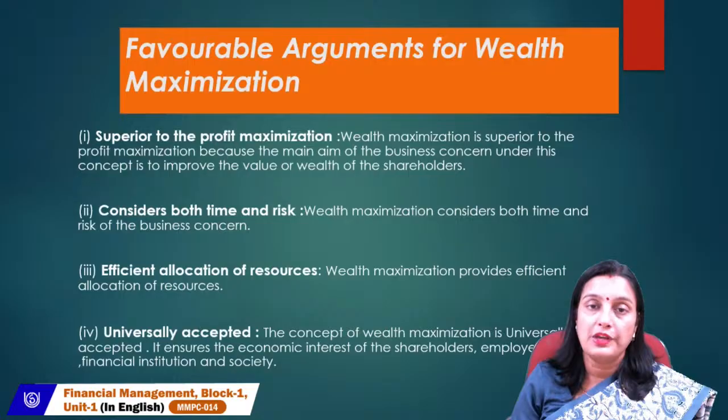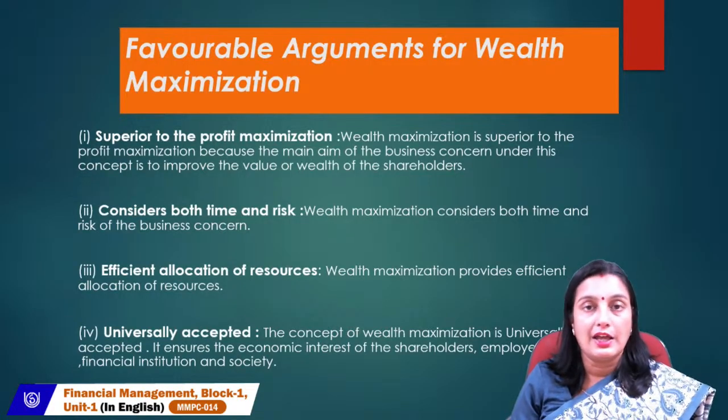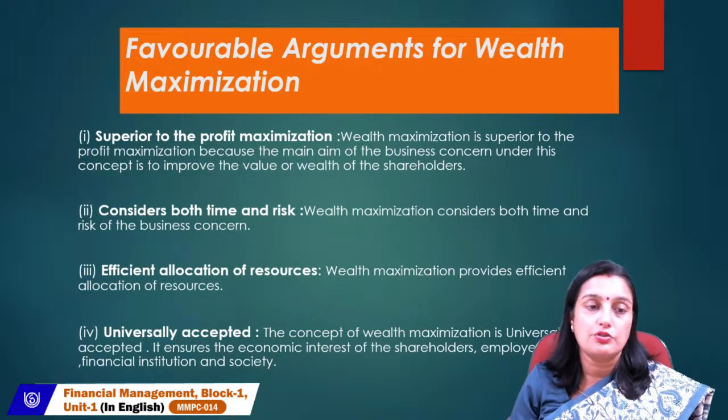So it is more superior than profit maximization, and I have already explained in my previous slides how profit maximization is vague and how it is not considering the time value of money. So these are the several points, on the basis of which we can say that wealth maximization is superior.